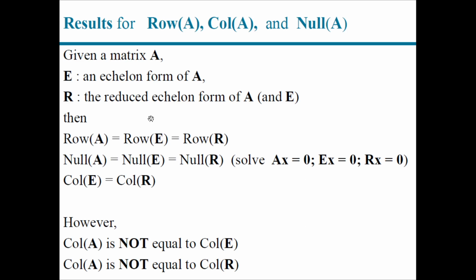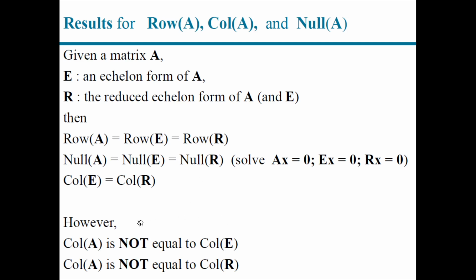What we know is that the row space of A, E, and R is the same, because A, its echelon form E, and its reduced echelon form R are row equivalent matrices. So they have the same row space, and they have the same null space. But they don't have the same column space at all.